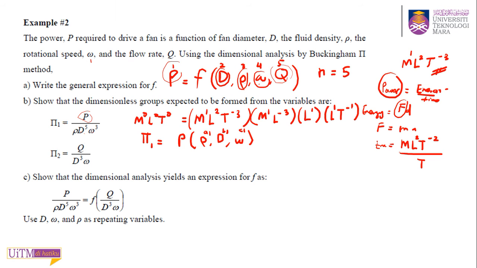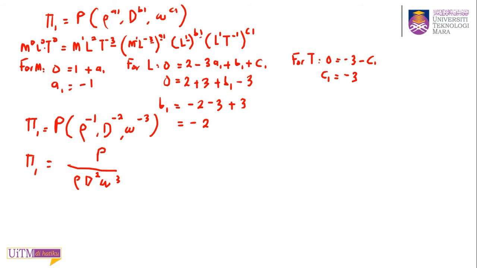Okay, but in this question, it should be D to the power 5, so there is a small mistake, I made an error. For L0 equals 2 minus 3A1 plus B1 plus C1, 2 plus A1 is minus 1, so it will be plus 3, plus B1, and C1 is minus 3.